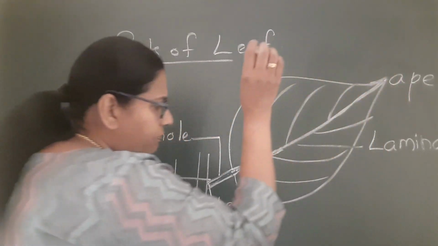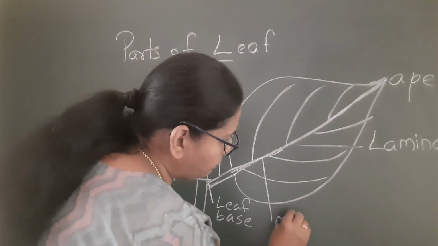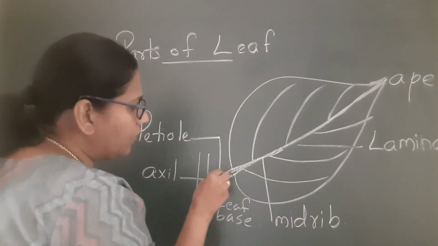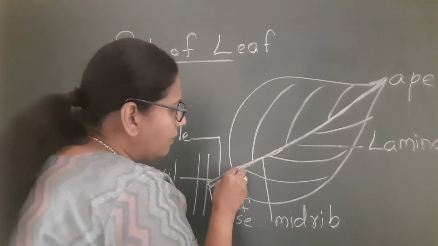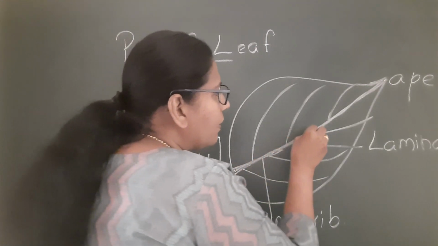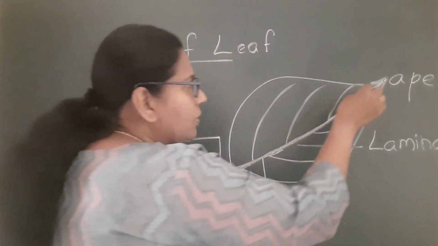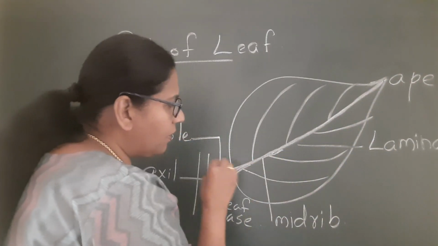It is called midrib. The center part, which grows continuously till the apex, is called midrib.